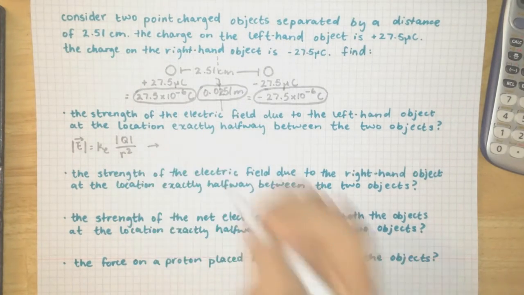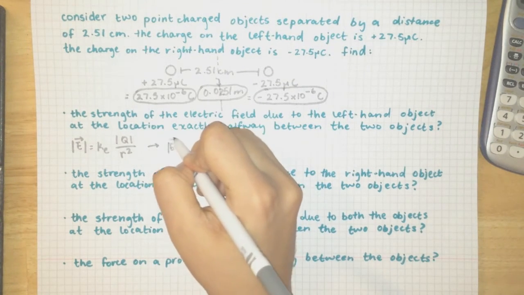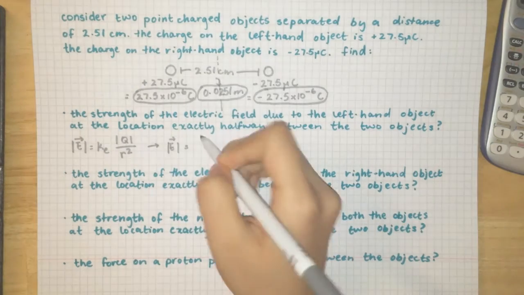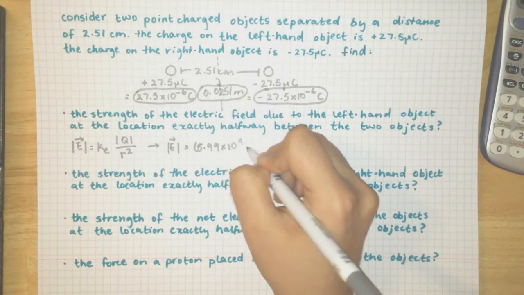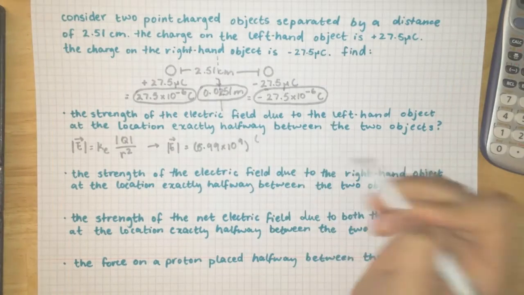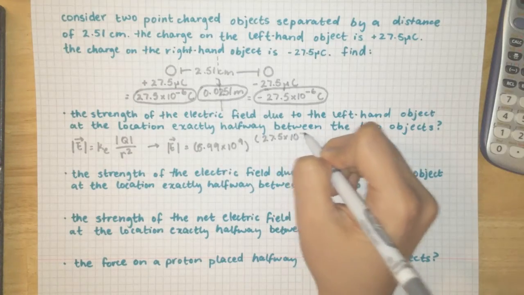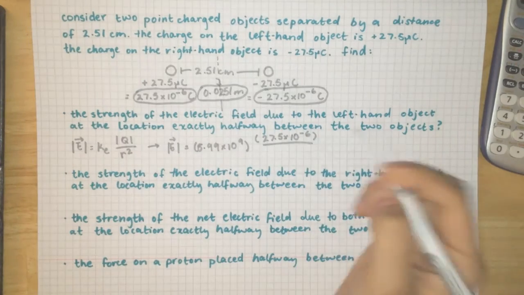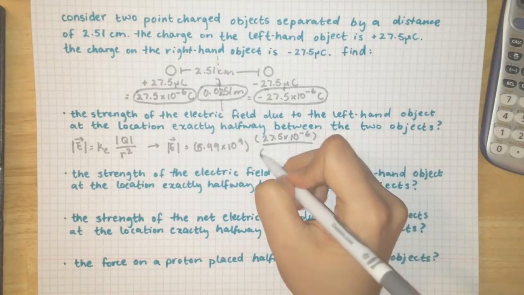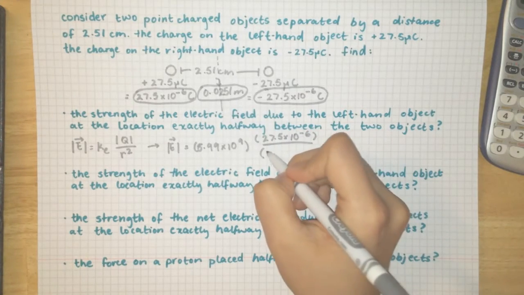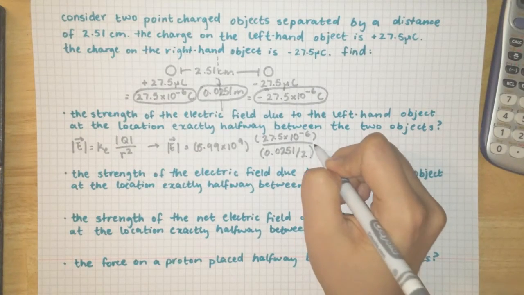So we can plug in the information from the problem. E is equal to, so the constant is 8.99 times 10 to the 9th, and the charge on the left-hand object is positive 27.5 times 10 to the negative 6th coulombs, and the distance will be just half of 2.51, and then we square that, so just 0.0251, it has to be in meters, divided by 2, and then just square all of that.